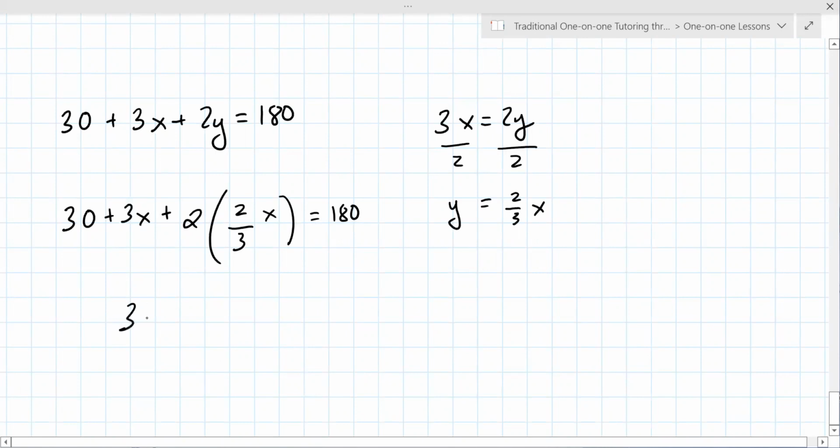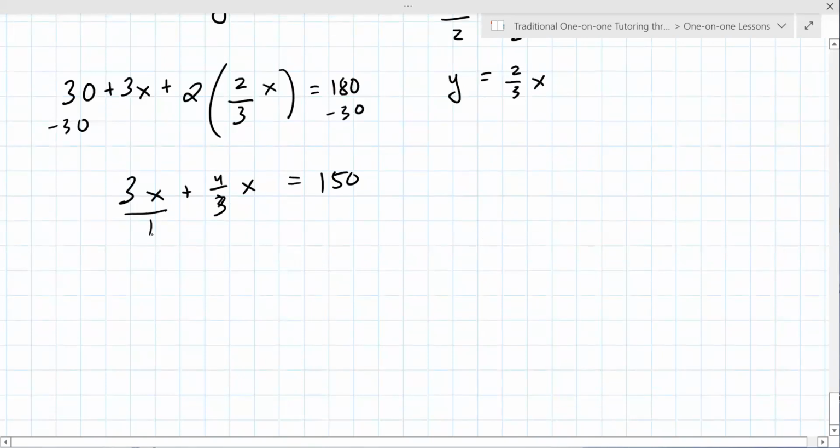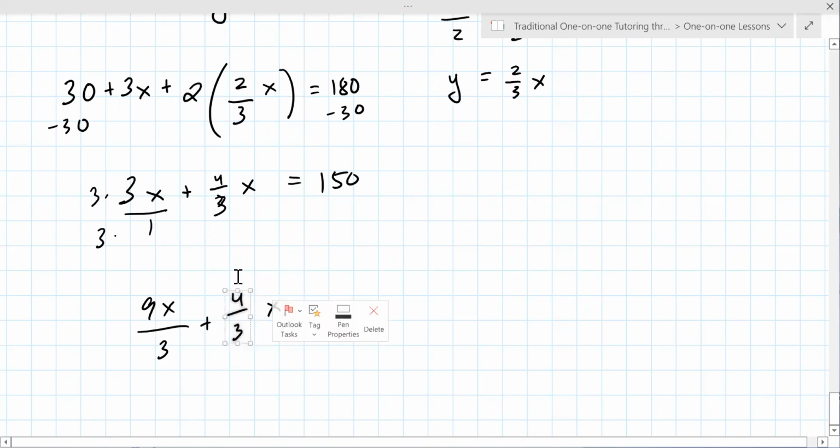So you now have this awful fraction. It's 4/3 x equals 150 because you subtract 30 from both sides. So you need to find a common denominator. That means you multiply the top and bottom by 3. You get the 9x over 3 plus the 4/3 x, like that. So it's really 4x over 3.